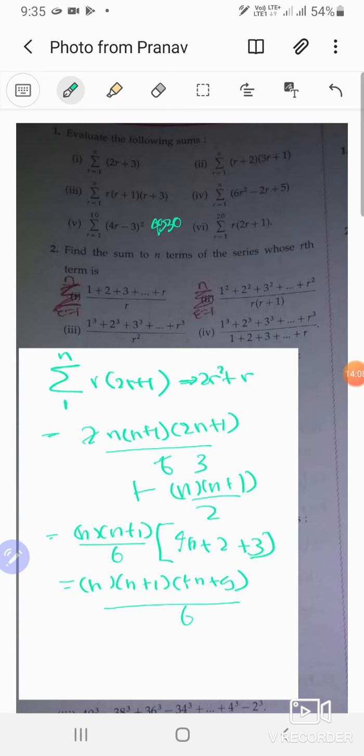Okay, so now let's put n equals to 20 in this. So summation from 1 to 20. What is this thing? So summation from 1 to 20, that's supposed to be equal to, if we put 20 in that, so 20 into 21 into 85 upon 6.